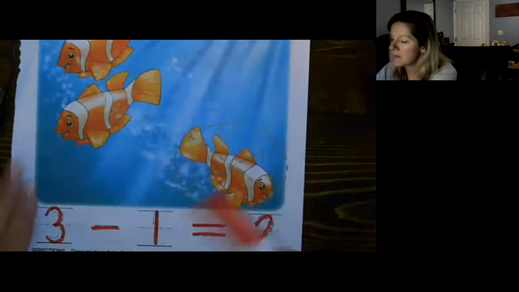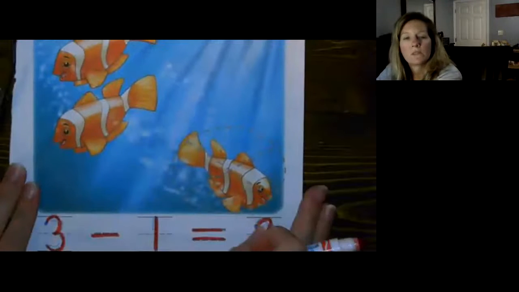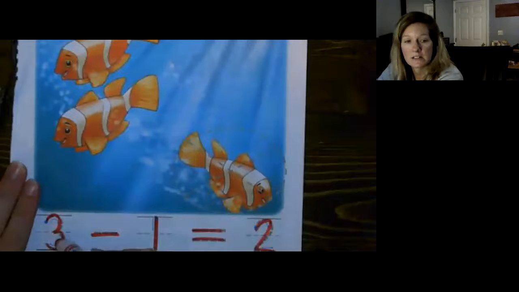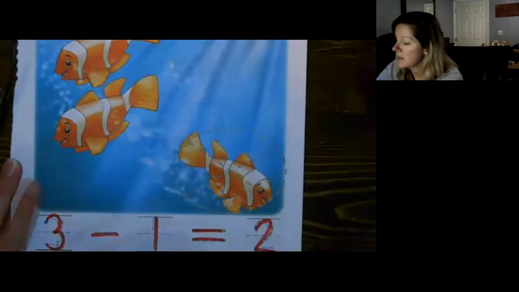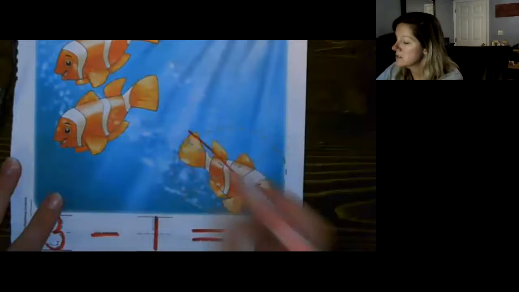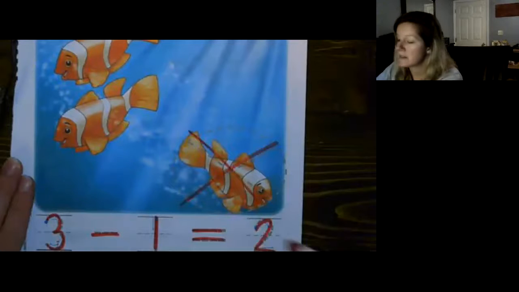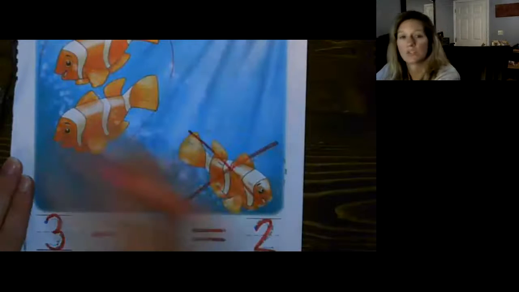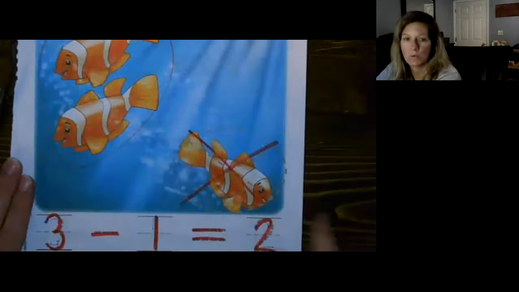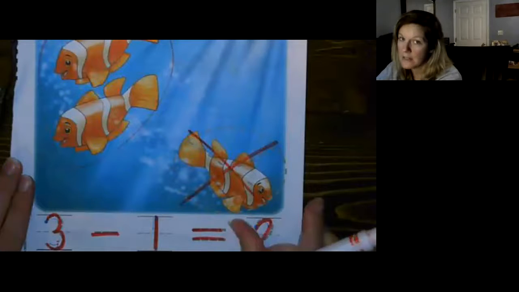Okay, so how many fish are there in all? There are 3 fish. That's the number that goes first. The second number is how many are taken away. How many fish are leaving? Just 1. So how many fish remain? 2. 3 minus 1 equals 2.